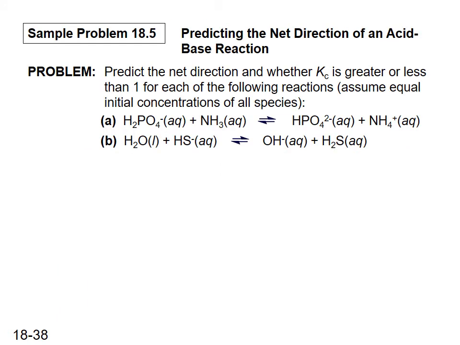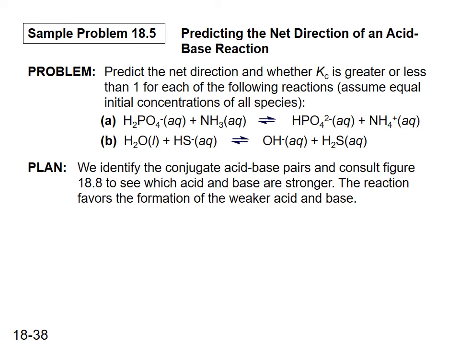Sample problem 18.5. Predict the net direction and whether Kc is greater or less than 1 for each of the following reactions. These reactions are all acid-base reactions, and as we know, acid-base reactions favor going from the stronger acid to the weaker acid, or the stronger base to the weaker base. In order to know the direction, we need to identify the conjugate acid-base pairs, and then use the table to know which one is the stronger acid and which is the weaker acid.